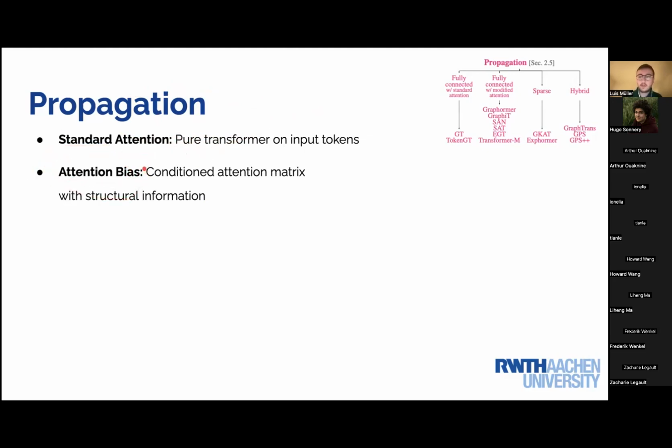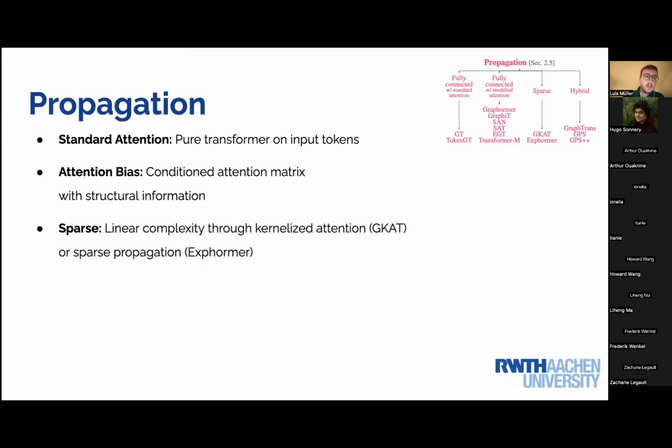This is also a popular way of encoding relationships, and we're essentially conditioning the attention matrix with some kind of structural relationship between nodes or between nodes and edges. Again, we've seen now that the token space can be larger than just nodes, so it could also be subgraphs. Then we would maybe condition the attention towards structural relation between subgraphs and so on.